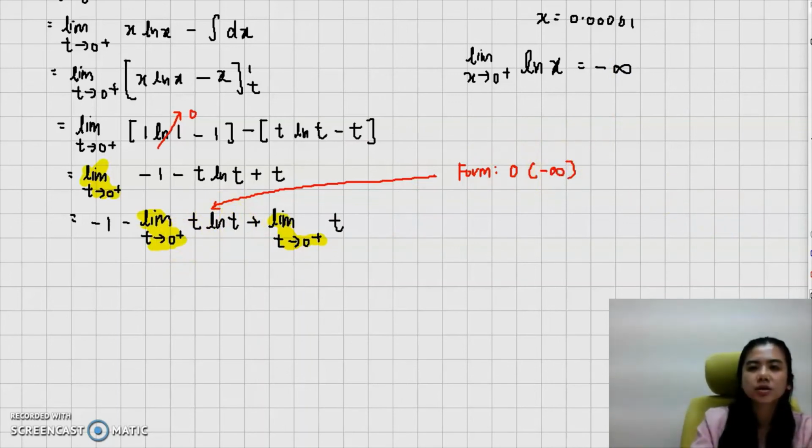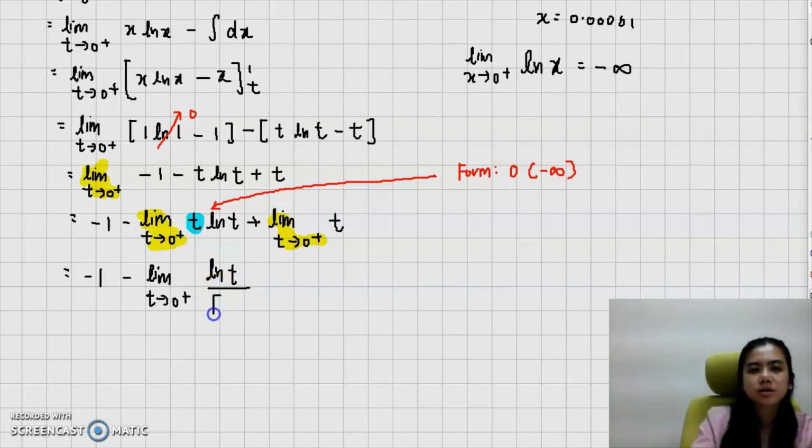So this is a form that you have to manipulate before using the L'Hopital rule. Modify it so that you can use the L'Hopital rule. Just copy back the limit, and drag down the t.